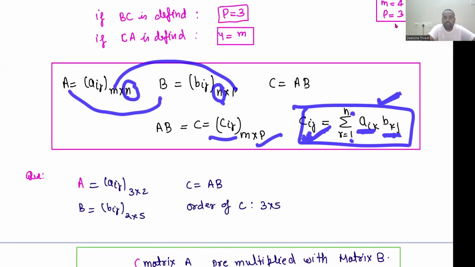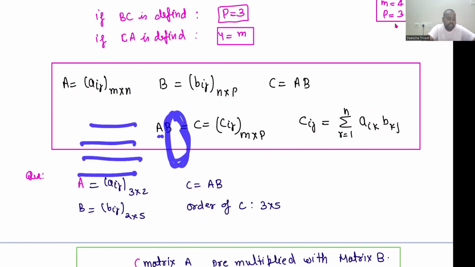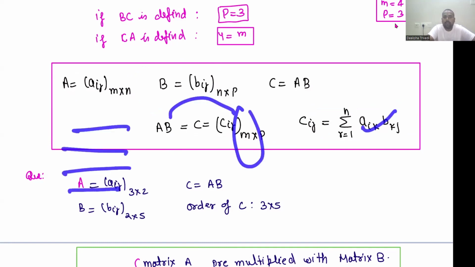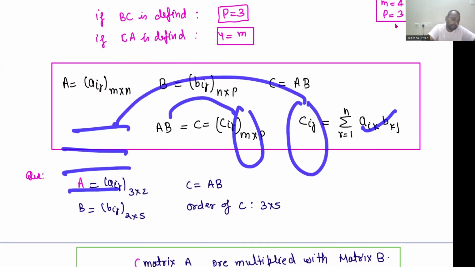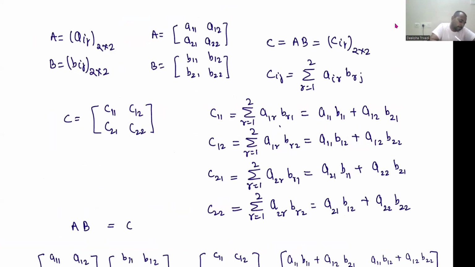Aik into Bkj means take the elements of the first column in B, multiply with all elements in the rows and add. Second column elements in B, multiply with all row elements in A and add. Third column elements in B, multiply with all elements in the row and add. Get the idea? Anyone have a doubt? Now we will take an example.